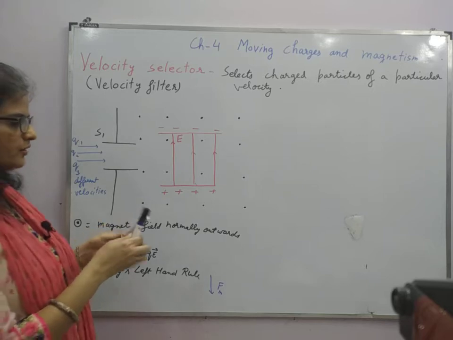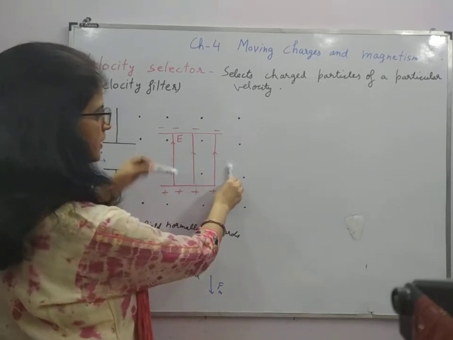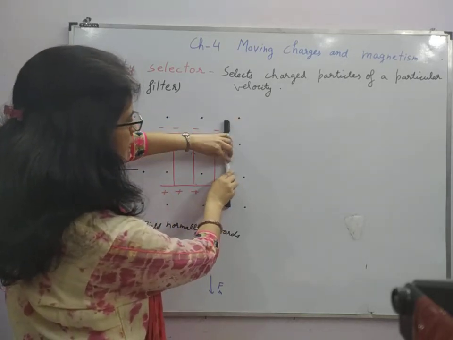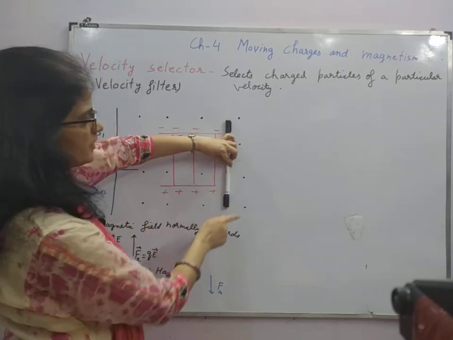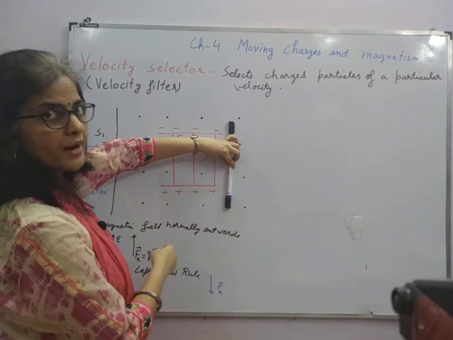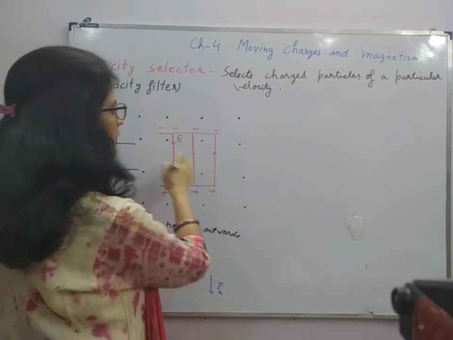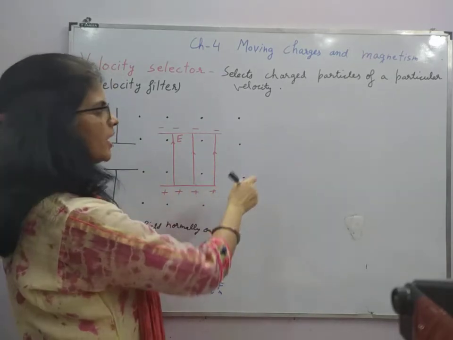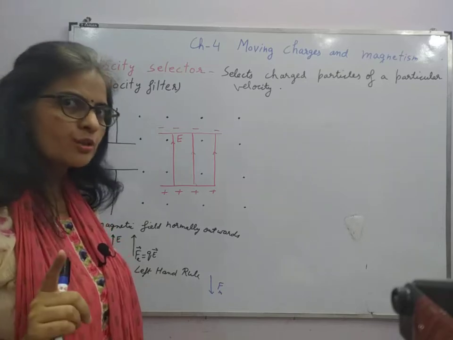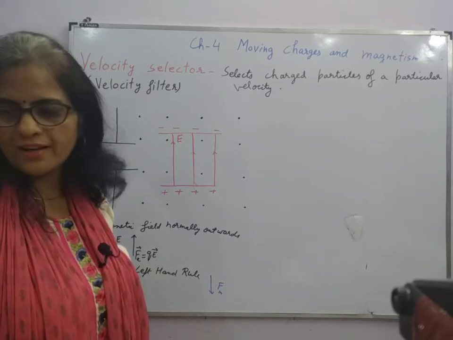So we understood that this is the magnetic force, this is the electric force. For those particles for which these two forces balance each other, the net force will be zero, and by Newton's first law, these will go undeflected.